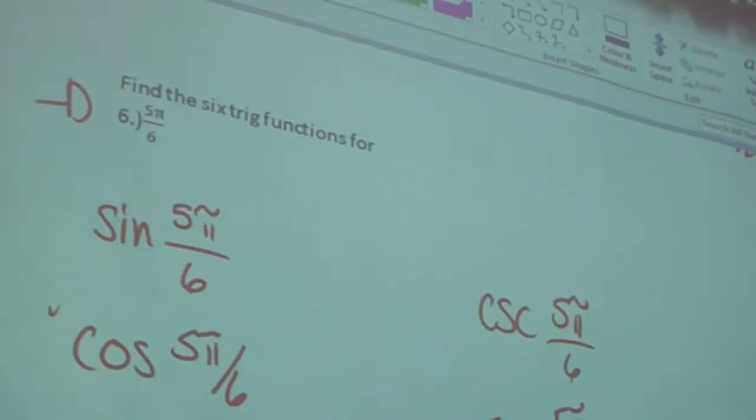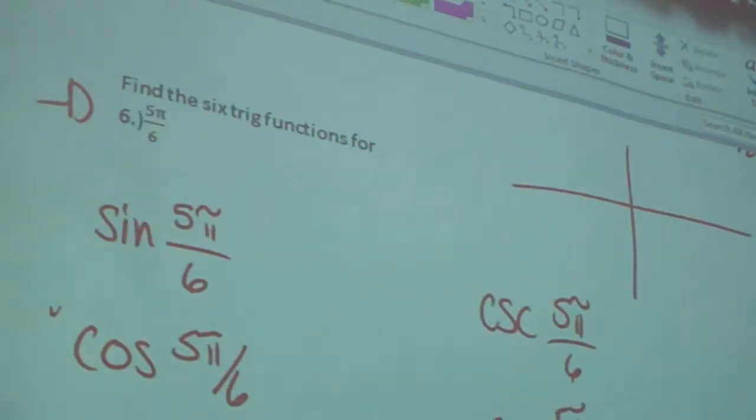I think radians just throw everyone off about where it's going to be. But if you remember the basics, it's 2 pi for a full rotation, so it's 1 pi here, pi over 2, 3 pi over 2.